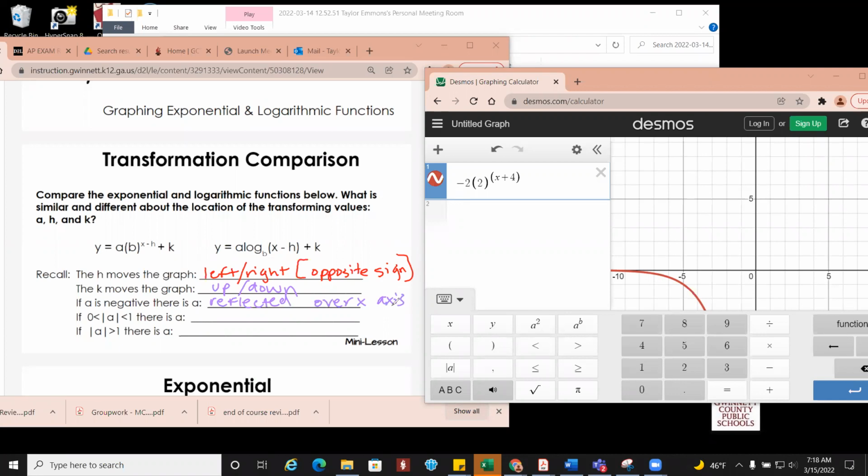Okay, now if we change our a value, let's make it bigger or we make it smaller, what's the difference? Well, let's look at the comparison. Okay, so what does it do?